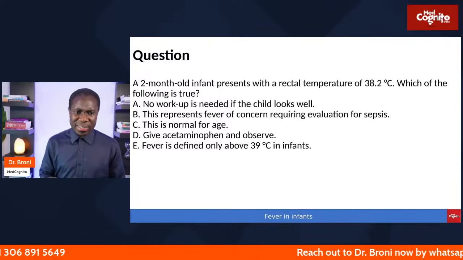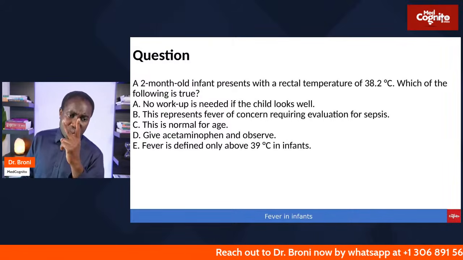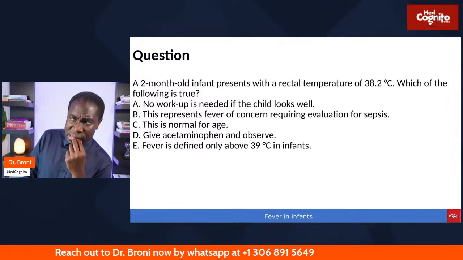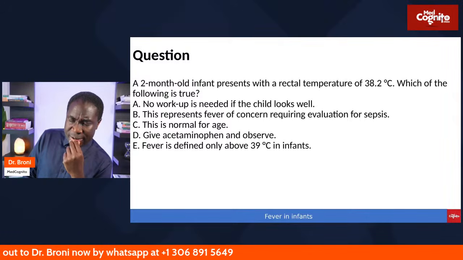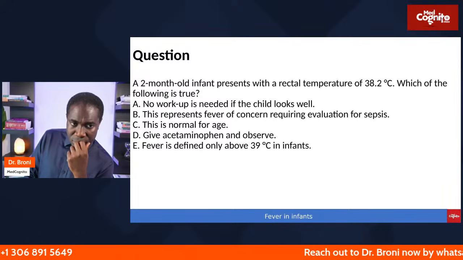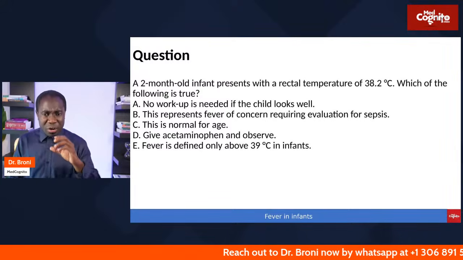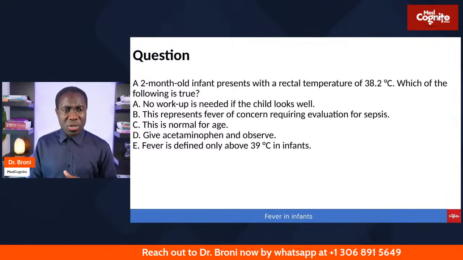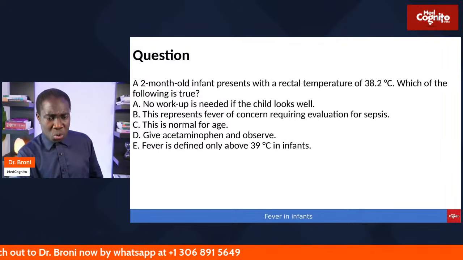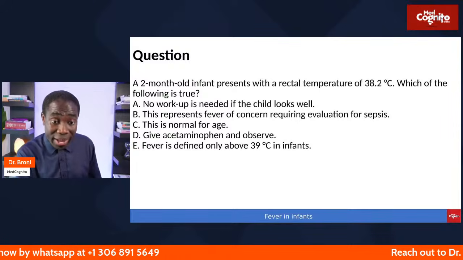What's your correct answer here? You have a 2-month-old infant. So 2 months is like 60 days. Presents with a rectal temperature of 38.2 degrees Celsius. Which of the following is true? A, no workup is needed if the child looks well.